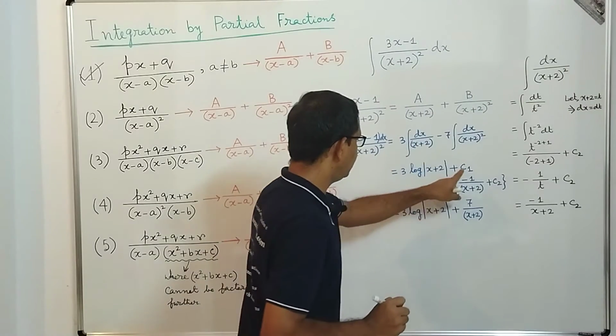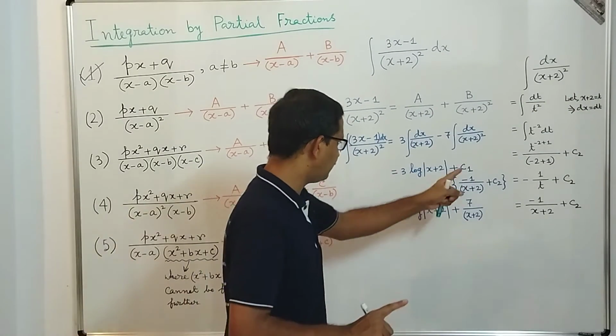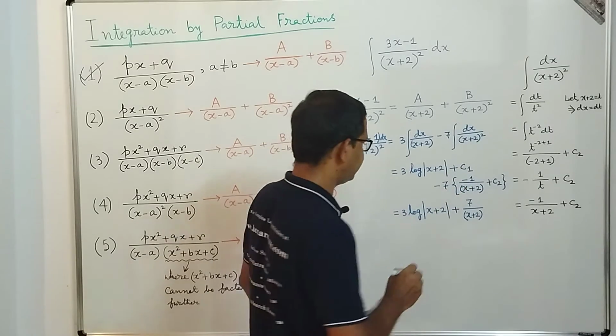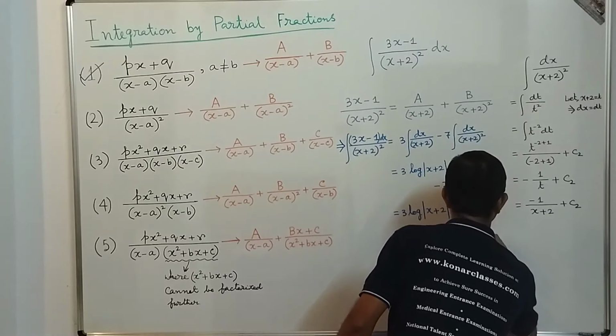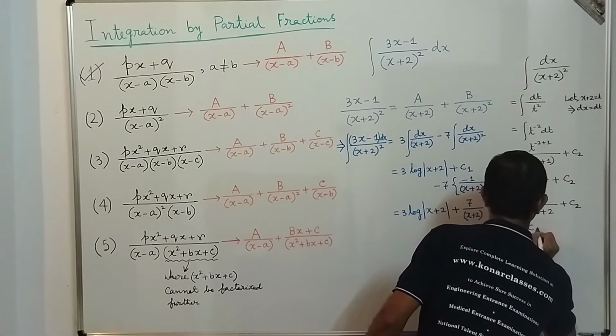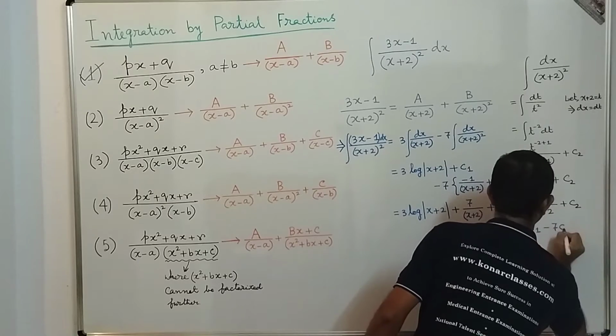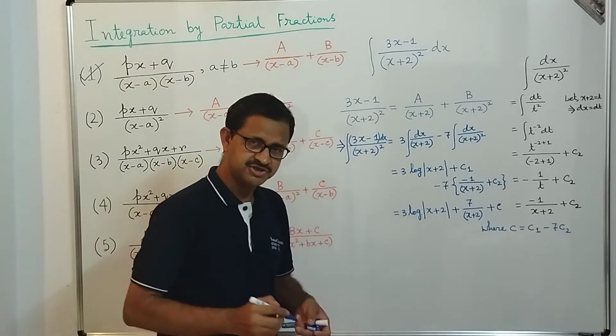Then c1 minus 7 c2 we can join together and consider as an integrating constant capital C, where C is equal to c1 minus 7 c2. So this is the value of the integration, dear students.